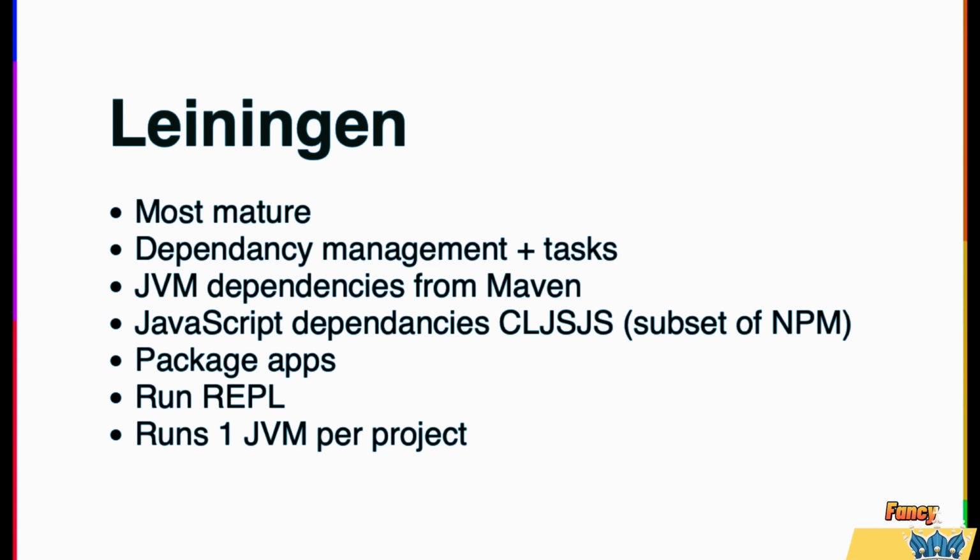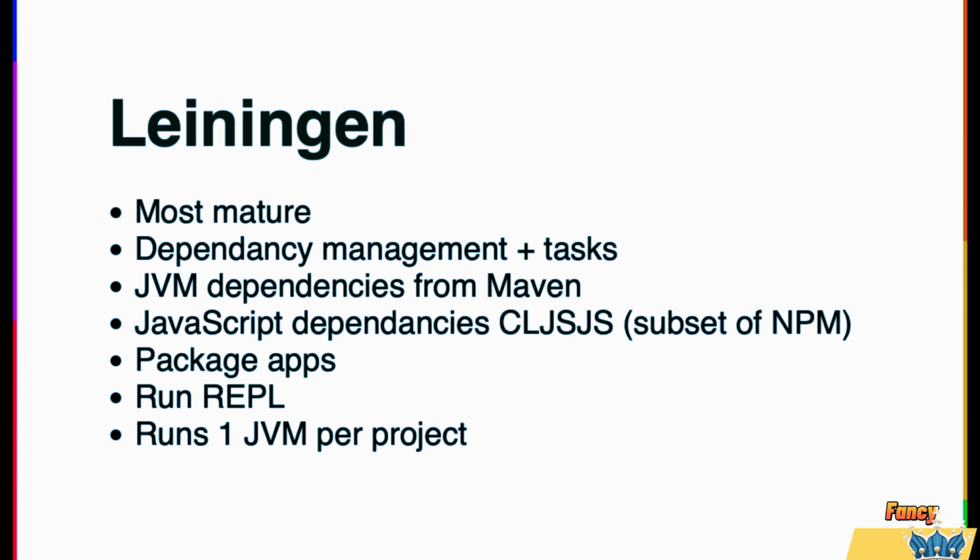It is particularly suited to JVM dependencies, but can also be modified to work with JavaScript dependencies from the CLJS repo. Lein has built-in support to package your app into jar files or JavaScript files, and it can also run a REPL for you.